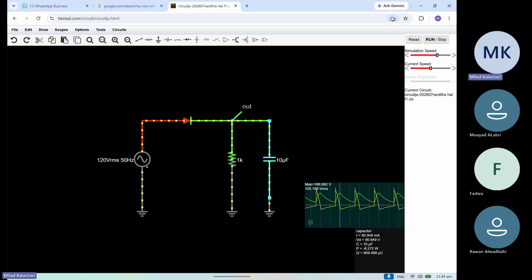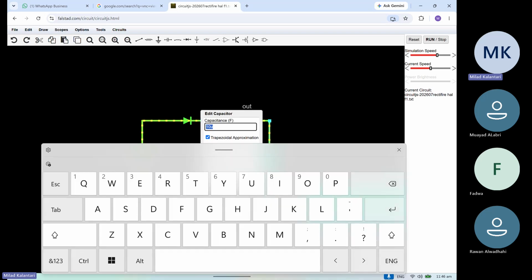So 4 times of, the more the better, right? But let's say if we put the cap value at 1/4 of 10 millisecond, basically. It means that during this dead time, the cap would just discharge completely, right?